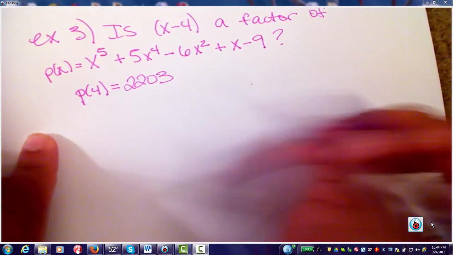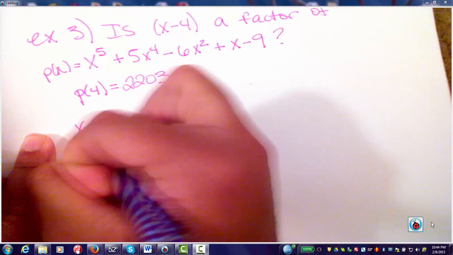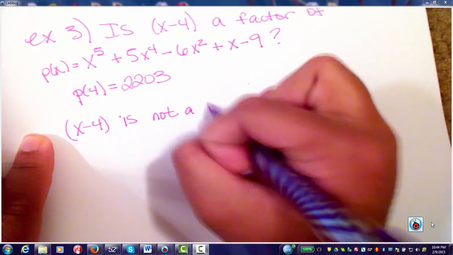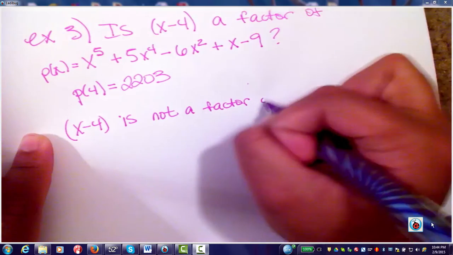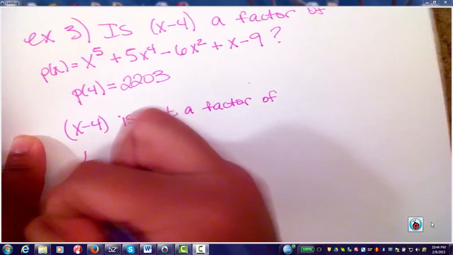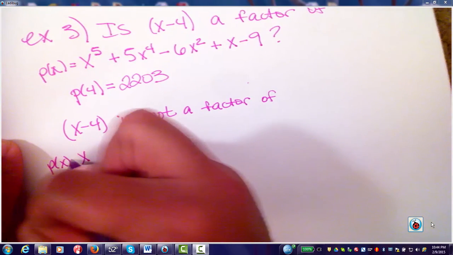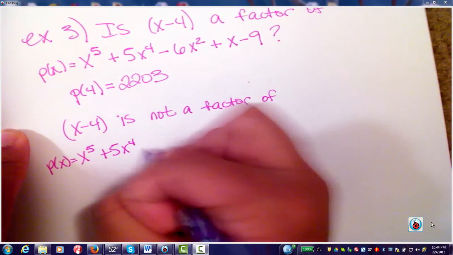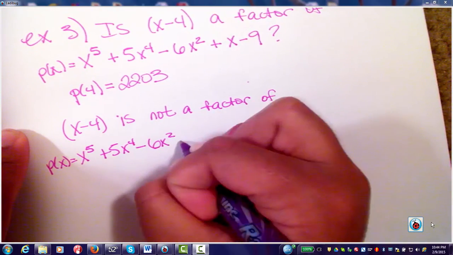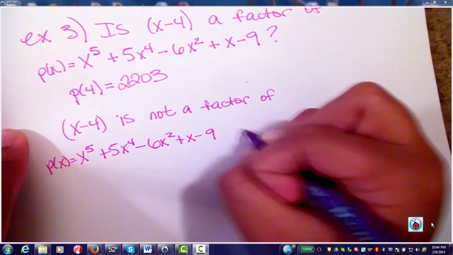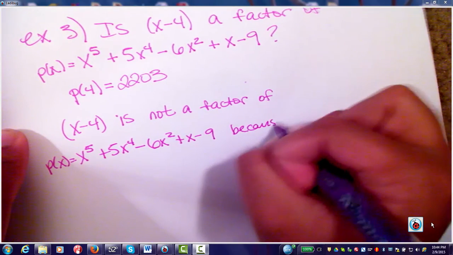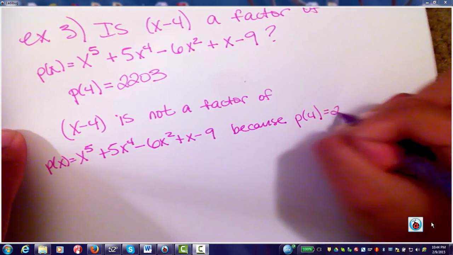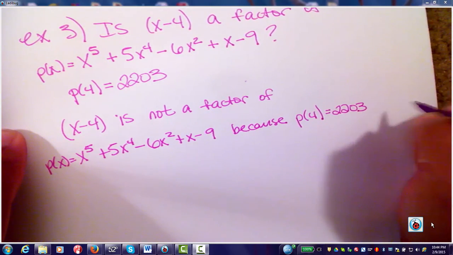So we would write x minus 4 is not a factor of p of x equals x to the 5th plus 5x to the 4th minus 6x squared plus x minus 9, because p of 4 equals 2,203.